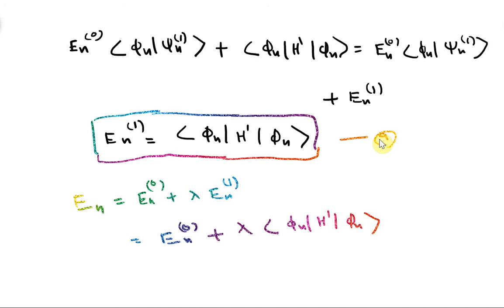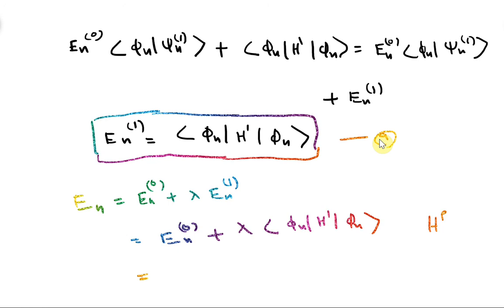Now lambda into this h dash, it's a scalar number, you can easily move it through. So lambda into h dash is something that we call the perturbed Hamiltonian HP. So you can write it in terms of HP.